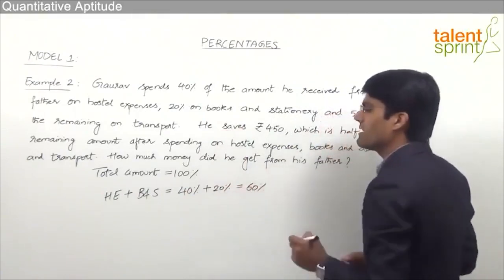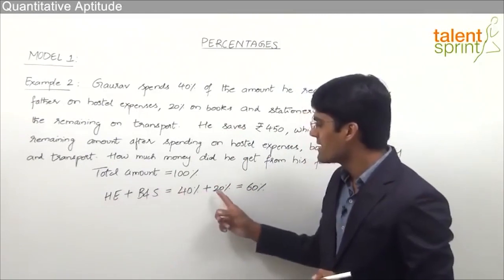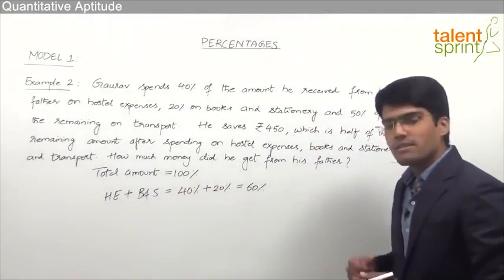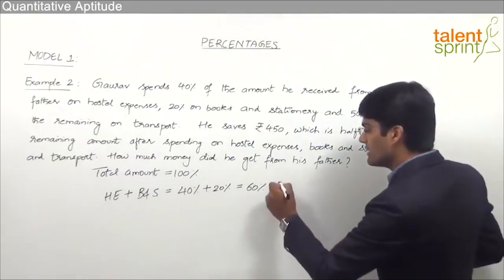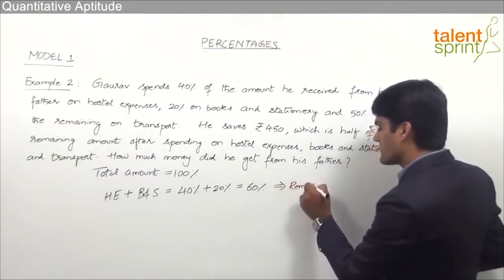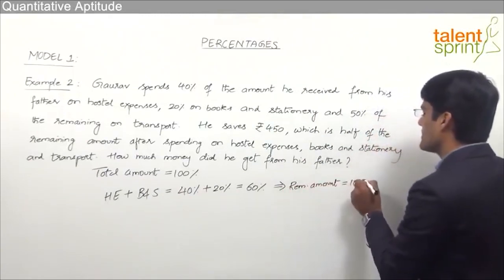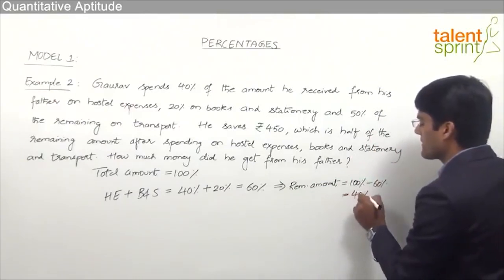That means out of 100% that he has got from his father, 40% has gone for hostel expenses and 20% for books and stationery, which is equal to 60%. Now after spending 60%, the remaining amount is nothing but 40%. Why? Because total is 100%. So 100% minus 60% will be equal to 40%.